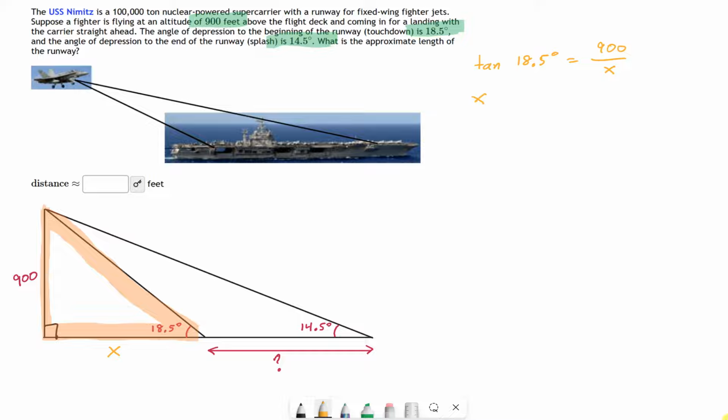And now we just switch things around a little bit and say, okay, that means x equals 900 over tangent of 18.5 degrees. Okay, and I, of course, did not do this ahead of time, so let's say 900 divided by tangent of 18.5. And what I get is 2,689.8. Okay, that's the x that I labeled there.